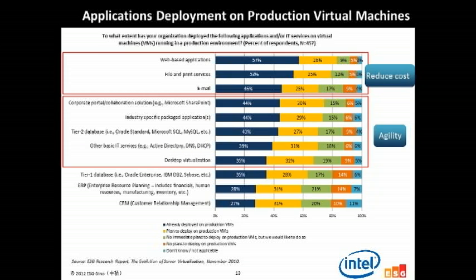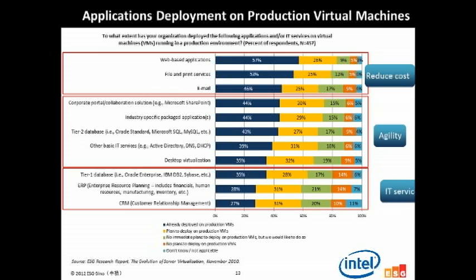But server virtualization deployment for Tier 1 databases and applications has even more strategic value. That is a critical step to truly enable enterprises to transform from IT infrastructure to IT services. That has become the new market driver for the storage landscape and storage technology change.